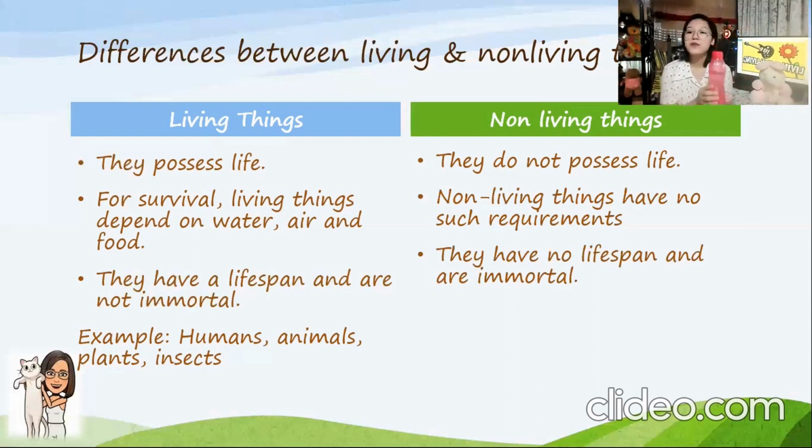Okay? So if you put a water bottle on your table and stay it for 9 years, nothing will happen. It will stay the same. It will not die or it will not get sick because a non-living thing has no lifespan and is immortal.